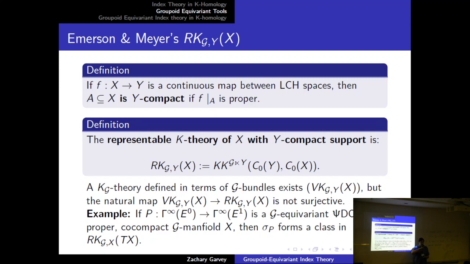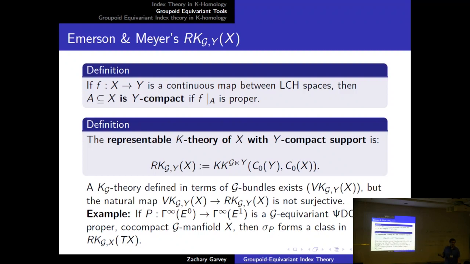If you're looking at the category of C-star algebras with a G action, a Y action, the smallest C-star algebra in that category is going to be C0 of Y, the object space. So you can really think of this as being K-theory of X, but equivariant with respect to this action groupoid. And it's called representable K-theory with Y compact support for very specific reasons.